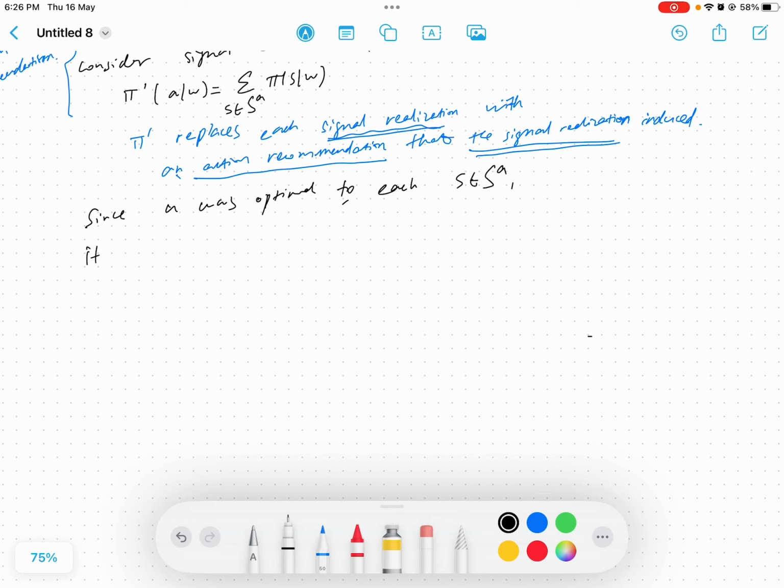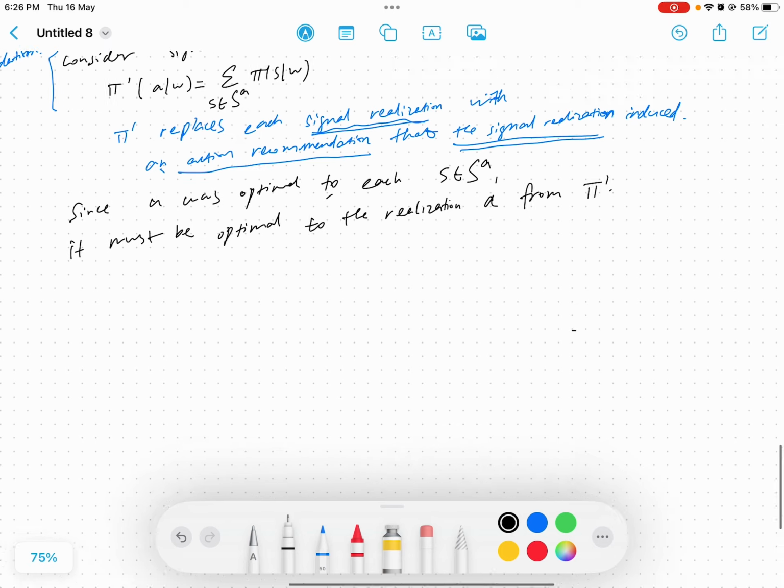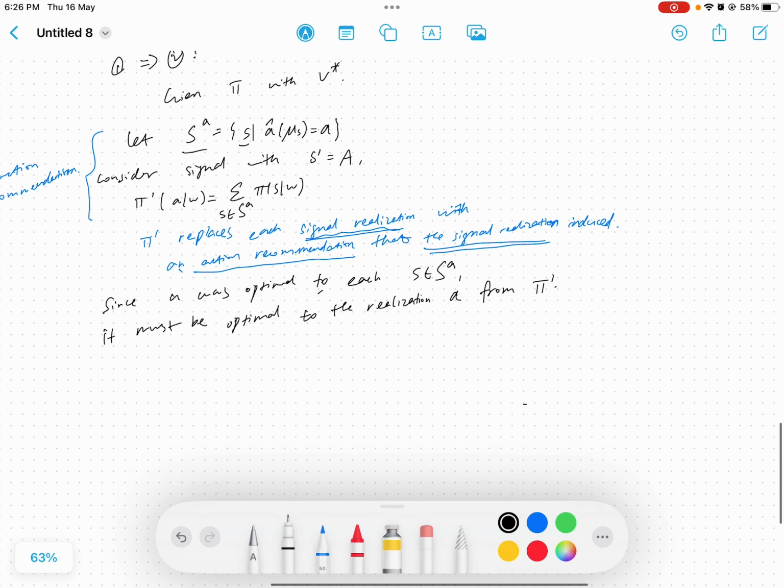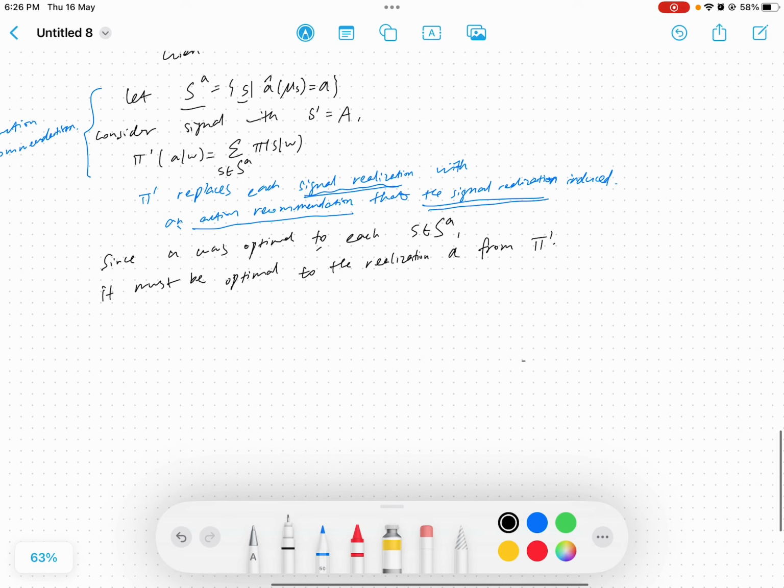it must also be an optimal response to the realization A from pi prime, right? Because now we have this A as the realization. Remember that this set of realizations now is actually the set of actions.